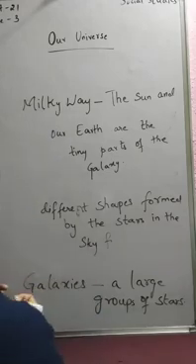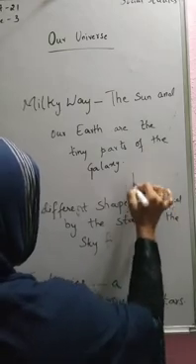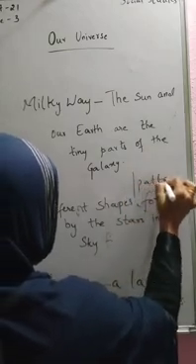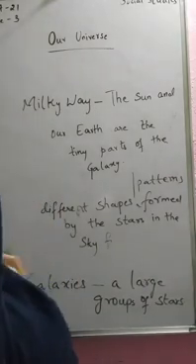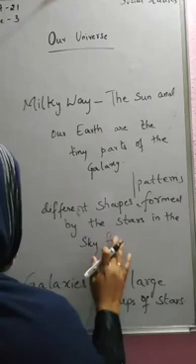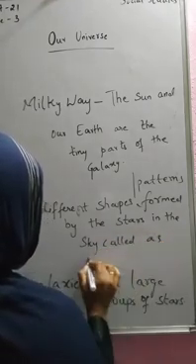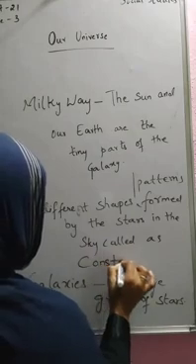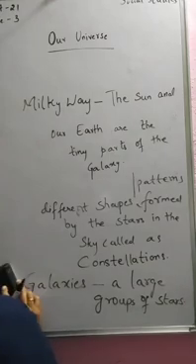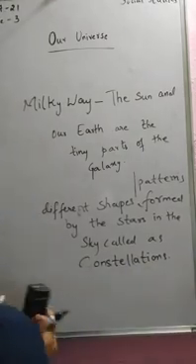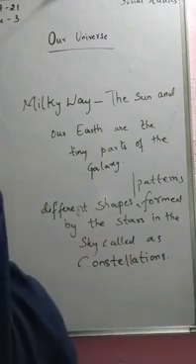Patterns and shapes are formed in the sky, called constellations. Different shapes or patterns formed by the stars in the sky are called constellations.